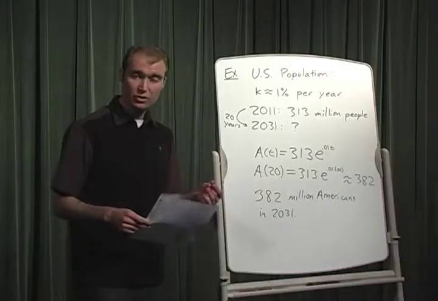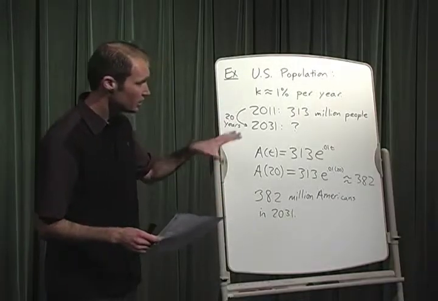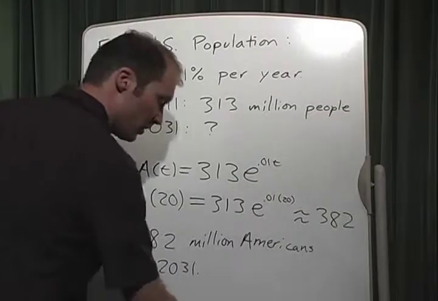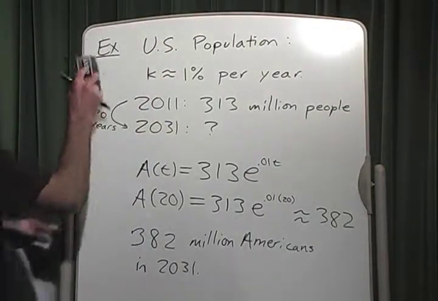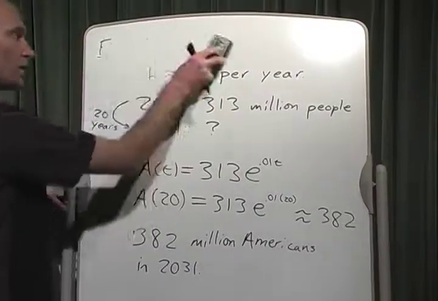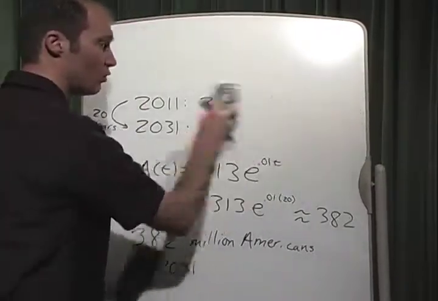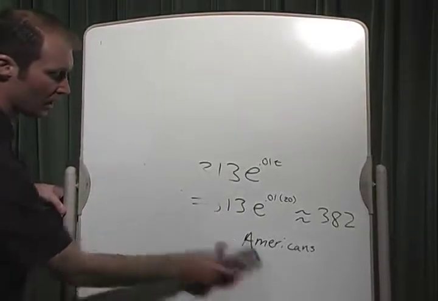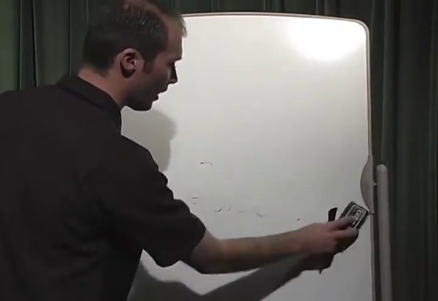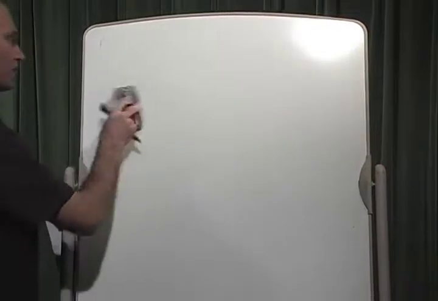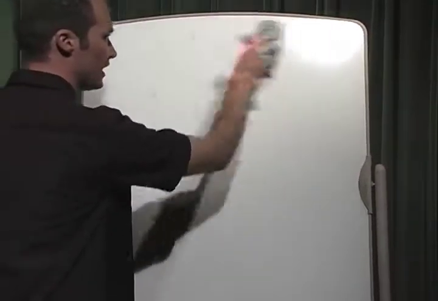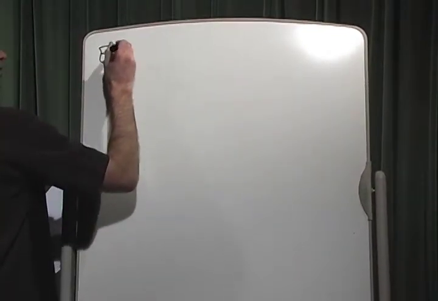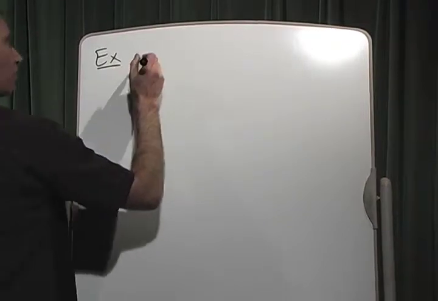Now, exponential growth is not just dealing with populations of people or animals, but you could also deal with, for instance, revenue growth. And one company that has shown remarkable revenue growth is Apple. I believe that I got this data from Standard & Poor's, which keeps track of Apple's revenue.